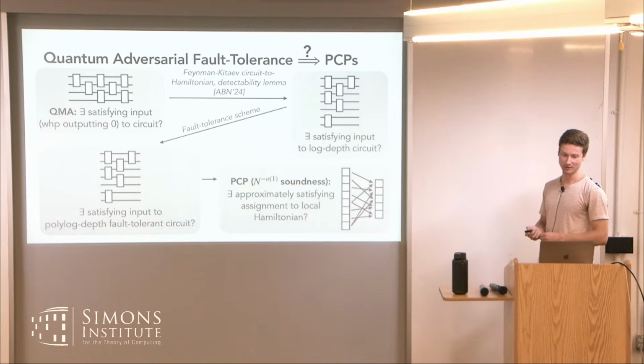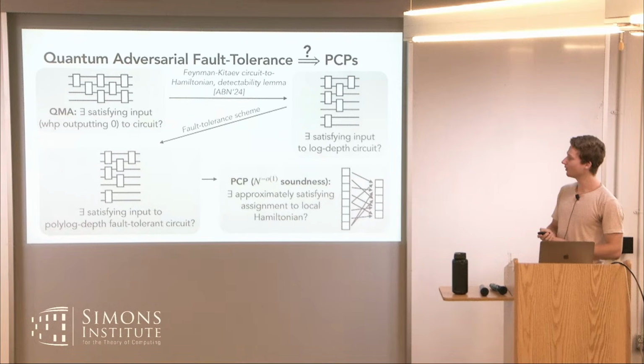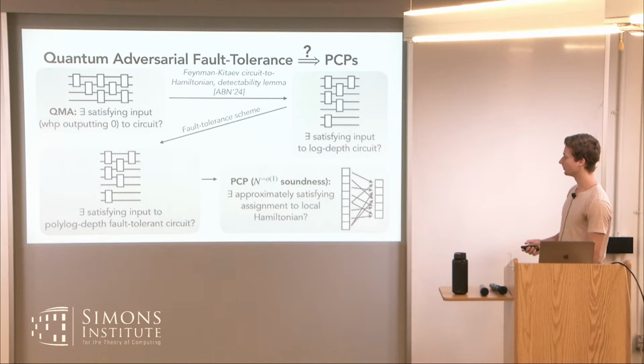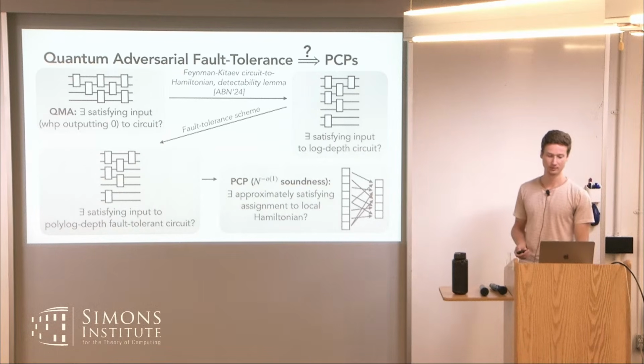And then the final step is to map this polylog depth fault tolerant circuit to a PCP, and this means we now want a quantum CSP or quantum local Hamiltonian, and we want the property that any approximately satisfying assignment to this quantum CSP, so any low energy state of this local Hamiltonian, should encode a low error execution of this fault tolerant circuit.